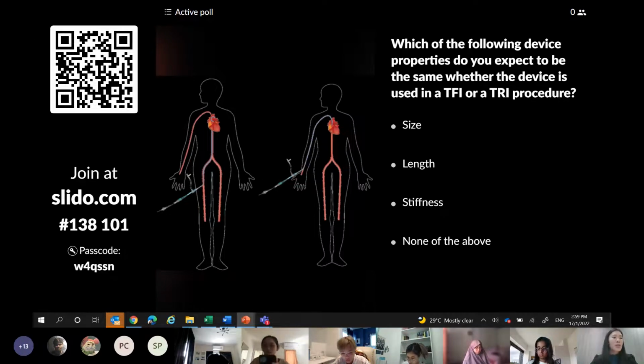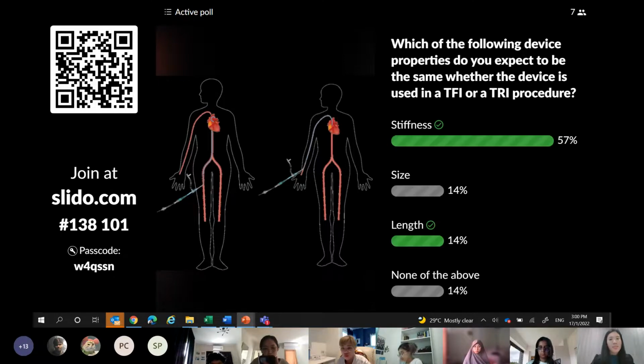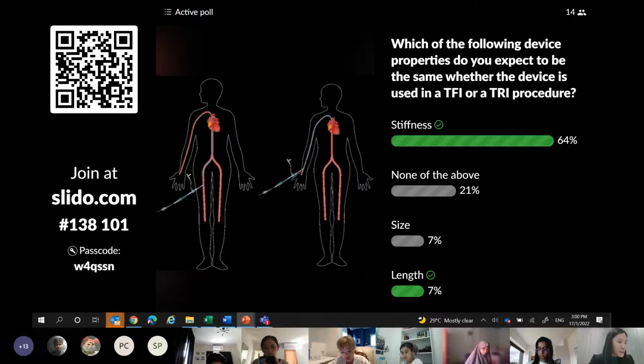Which one do you think will actually be the same? Okay, let's see. Some of you say stiffness, a lot of you say none of the above also.